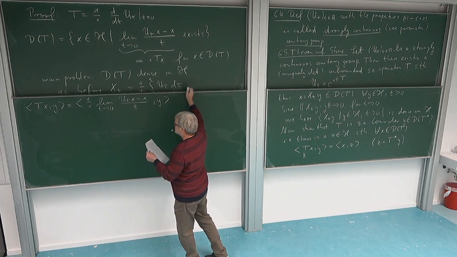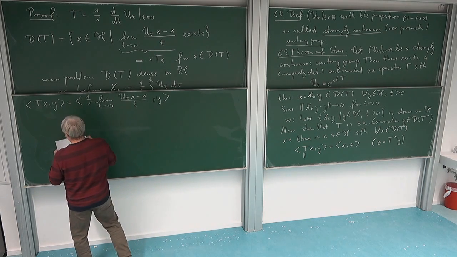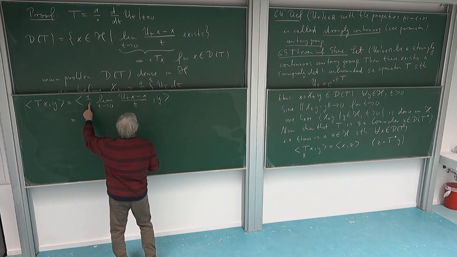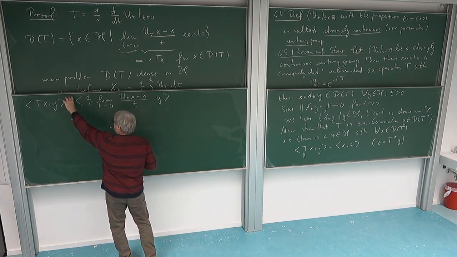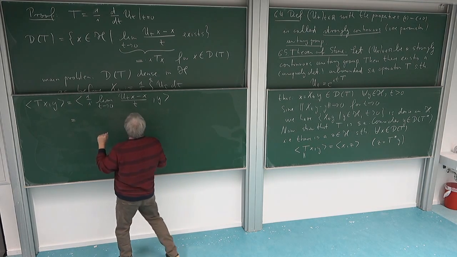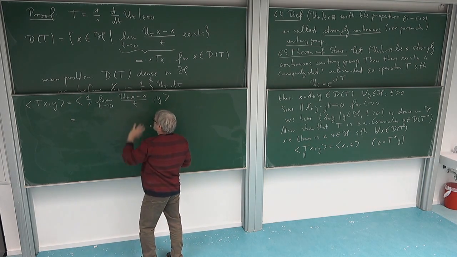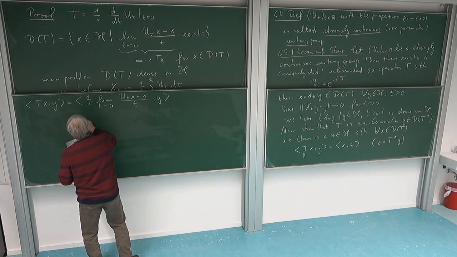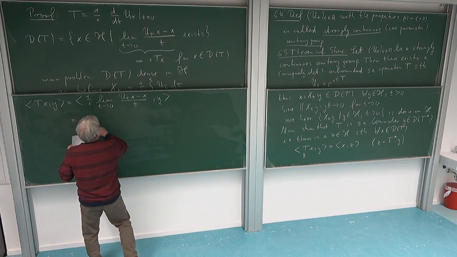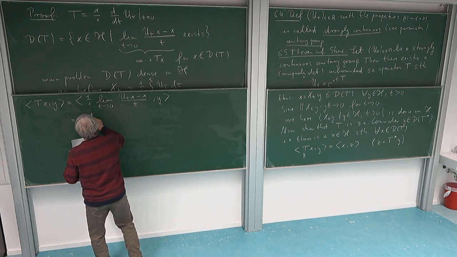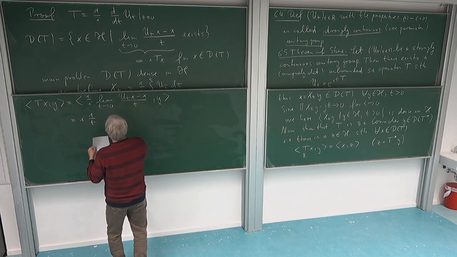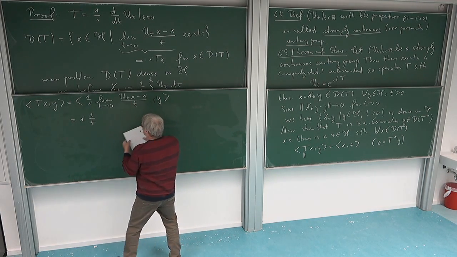Yeah, and now we write this out. First this 1 over i comes out as a 1 over i, but with a complex conjugate, because I'm antilinear in the first component. So it actually comes out as an i. Then I have the 1 over t, let me also take this out. And then I have here essentially two terms.